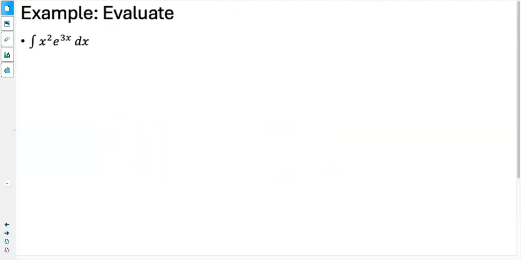So if we have the integral of x squared e to the 3x, that's going to equal this original function unchanged times the integral of this function, so that'd be 1 over 3 e to the 3x.